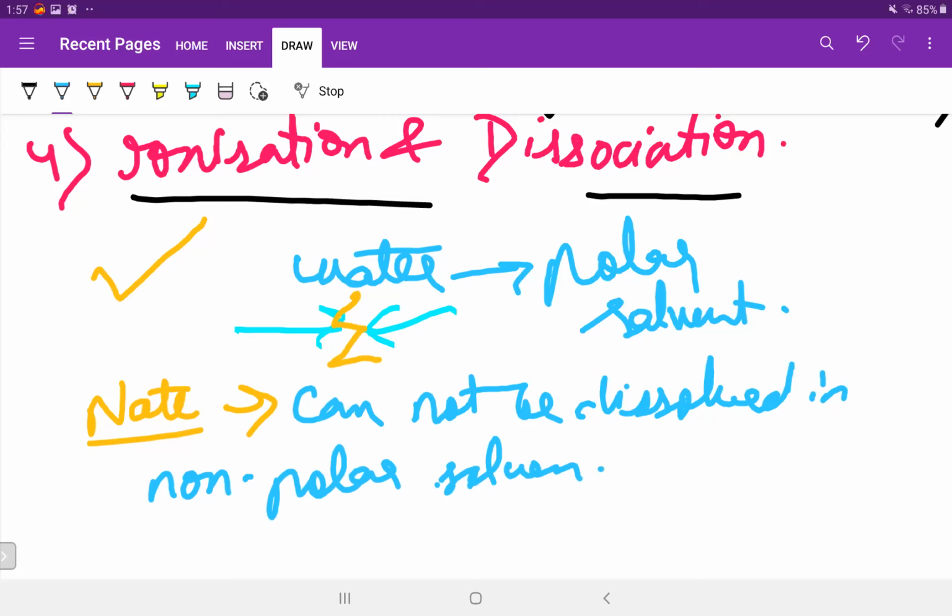Tell me an example of a non-polar solvent which has no poles at all, like organic compounds. What we see, methane, where all the valencies of carbon are filled.